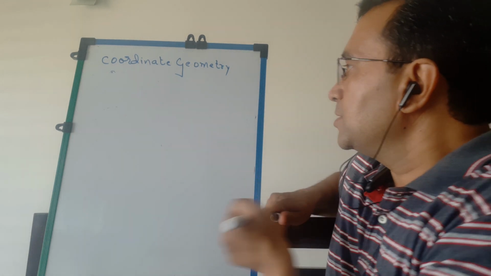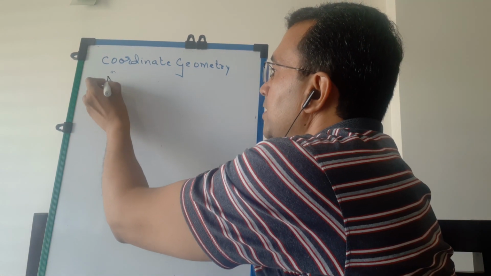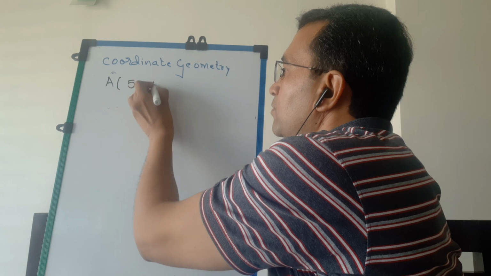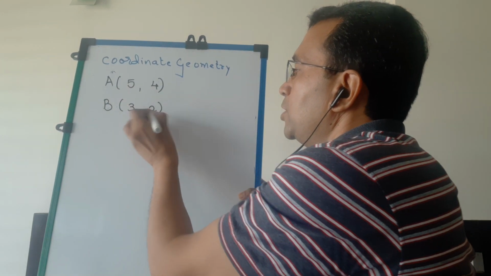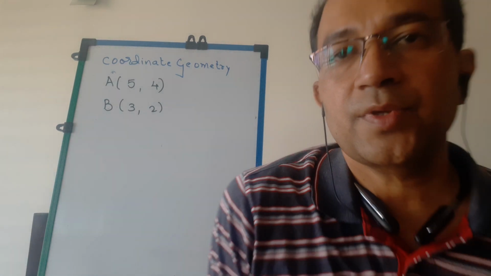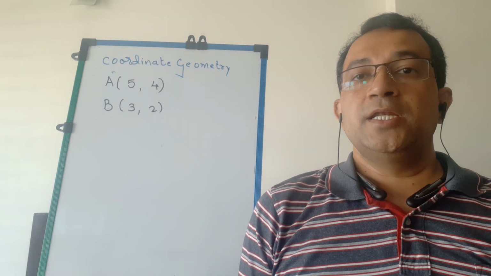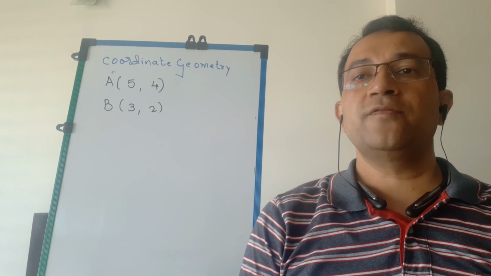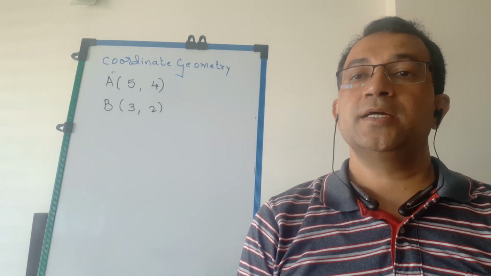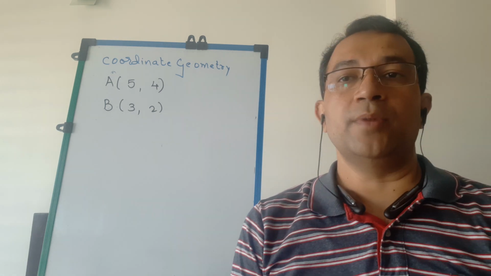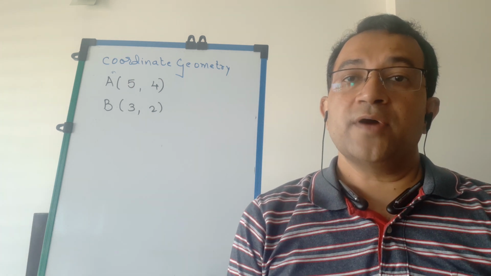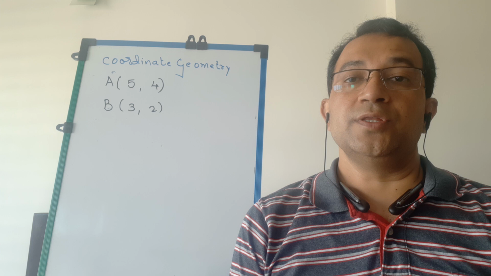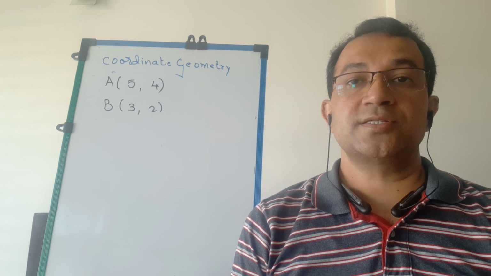Say, students, I am given any 2 points, A(5, 4) and B(3, 2). Now students, if I want to find the distance between these 2 points, that is distance AB.